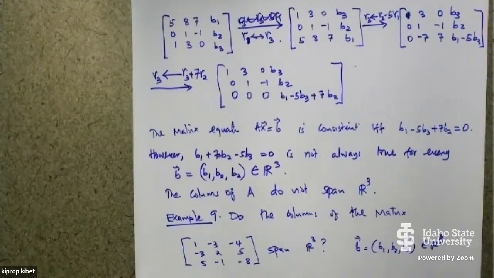Once you reduce this, what you get is 1, -3, -4, B1, then 0, -7, -7, 3 B1 plus B2, and then 0, 0, -2, B1 plus 2 B2 plus B3.